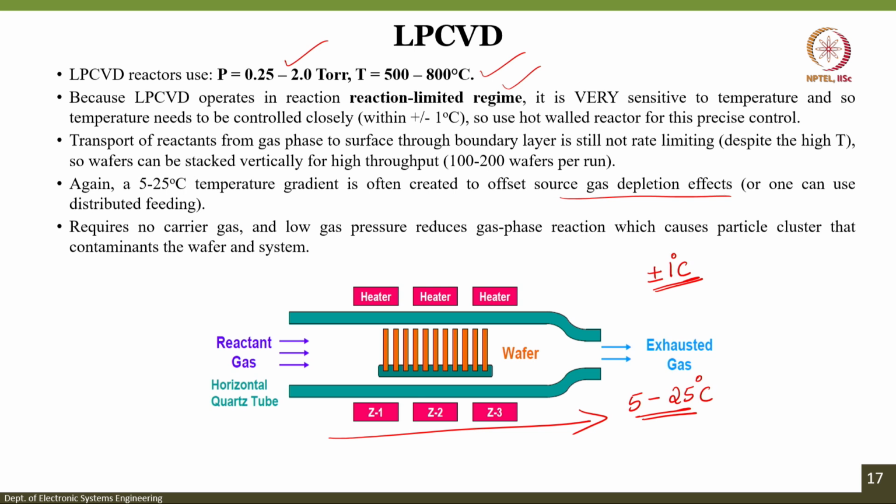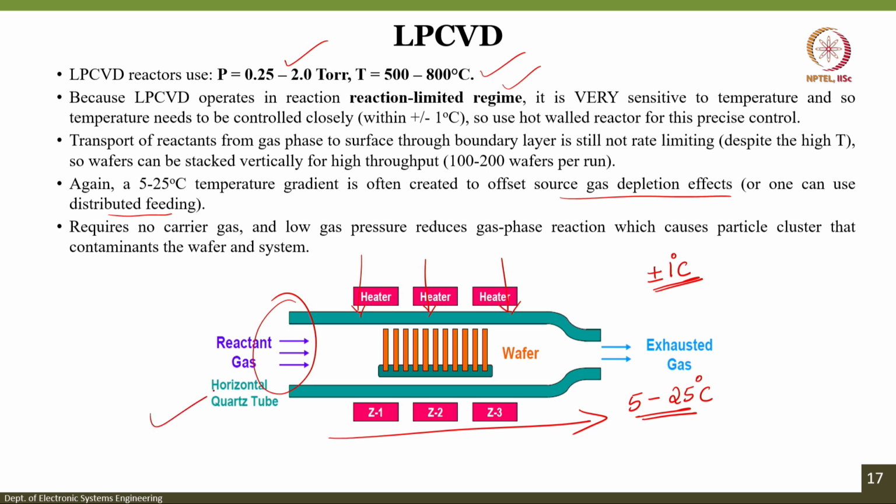Or instead of maintaining this temperature gradient, we can use a distributed feeding. That means other than inletting the reactant gas only at the inlet point of the chamber, you can insert the gas molecules at different points throughout the chamber. So either this distributed feeding can be used, or you can maintain a temperature gradient throughout the chamber in order to take into consideration the source gas or precursor depletion effect.